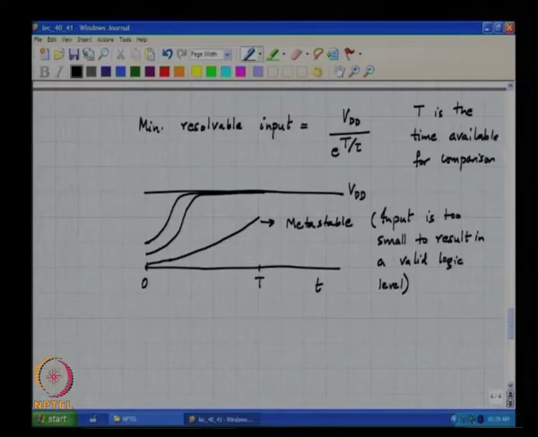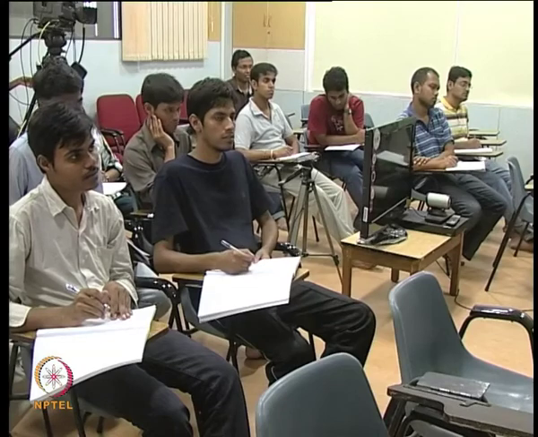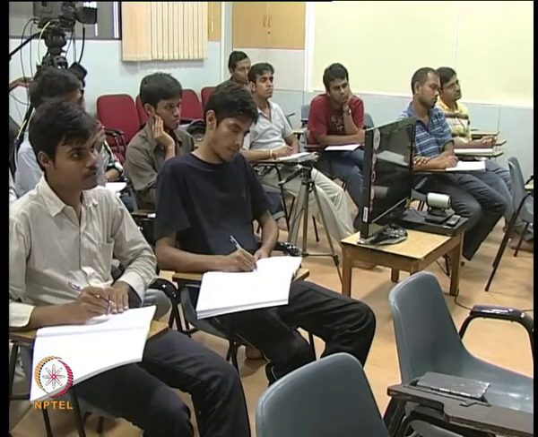Now, if the output is not a valid logic level, what do you think is the problem? Clearly the output of the comparator array is being read by several stages of logic, right.